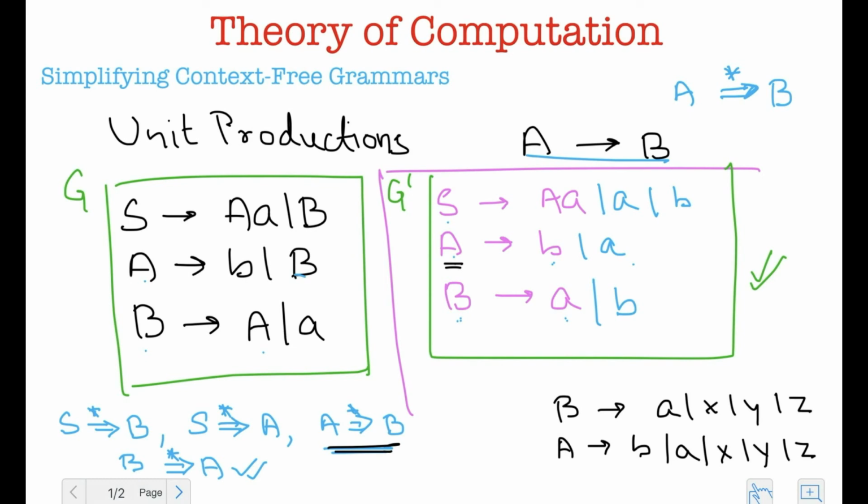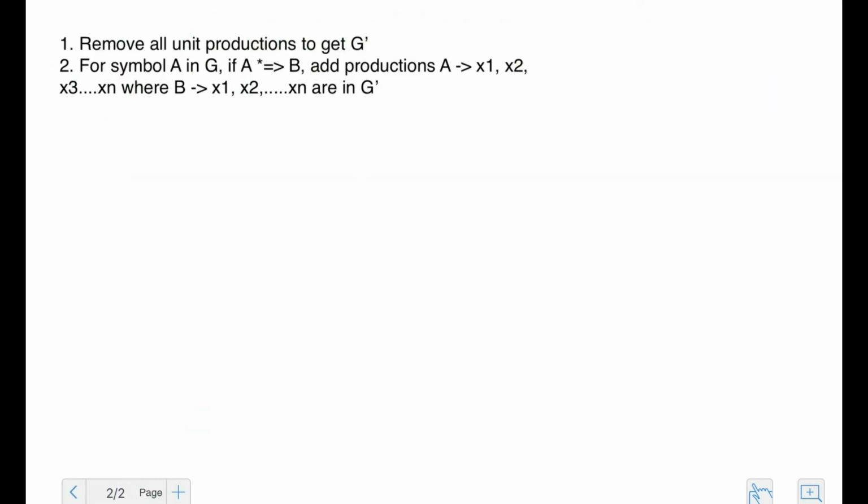So that's what the second step says, that if I have A yields B, then whatever productions I have in G prime, if B yields some x1, x2, x3 and so on, then add all of them to A. So that's what the second step says.